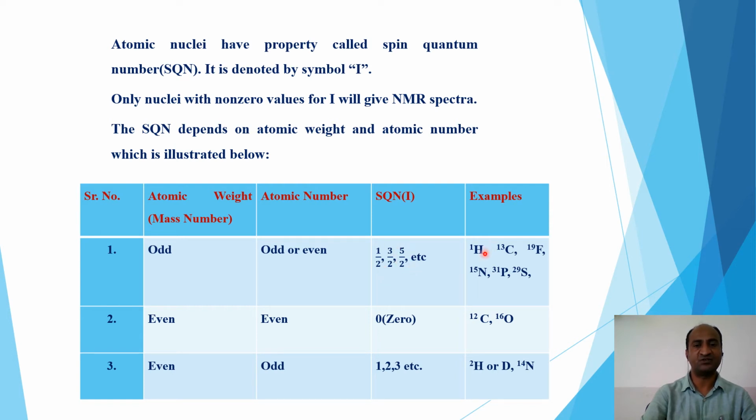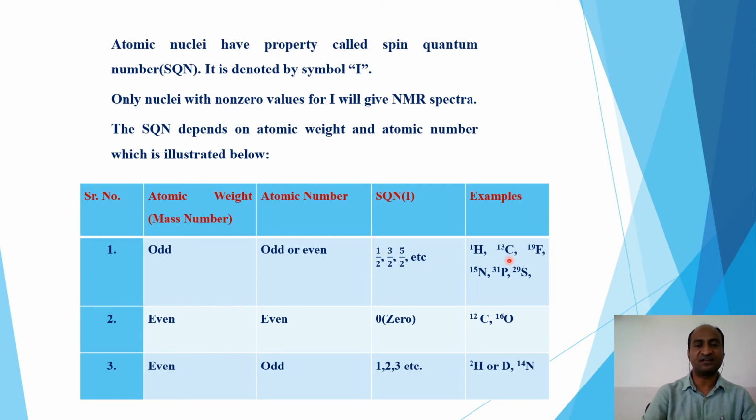And the examples are 1H, 13C, 19F, 15N, 31P and 29S. If we consider the natural abundance hydrogen, which we call 1H, it has an atomic weight or mass number of 1, that is odd, and atomic number 1, that is odd. It has a spin quantum number value of 1/2.